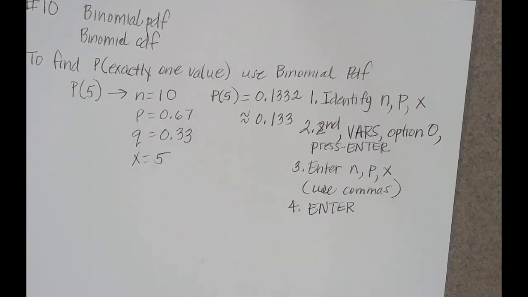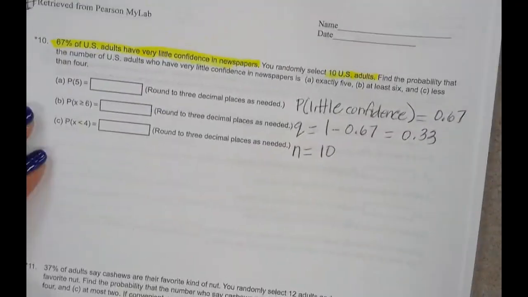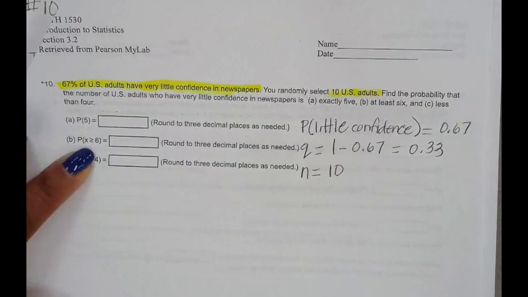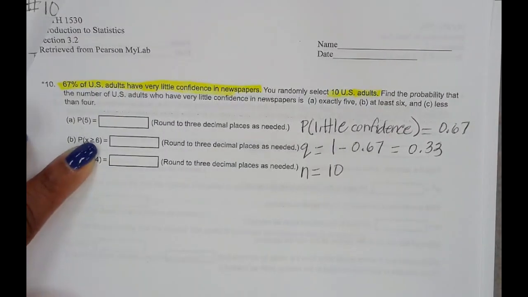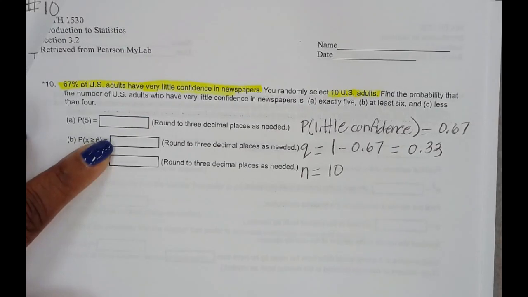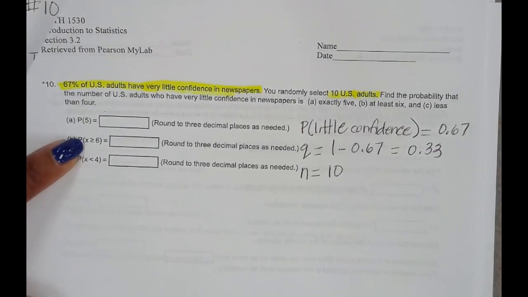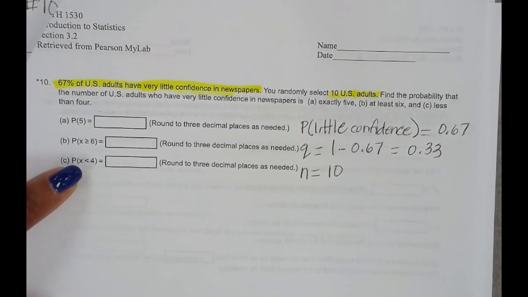Now, let's look at the next one. The next one says for us to find the probability of X is greater than or equal to 6. Okay? So we just found exactly 5, one number, and we used the PDF. But when you have these symbols, I have options.